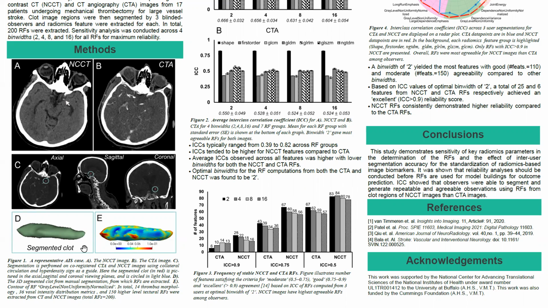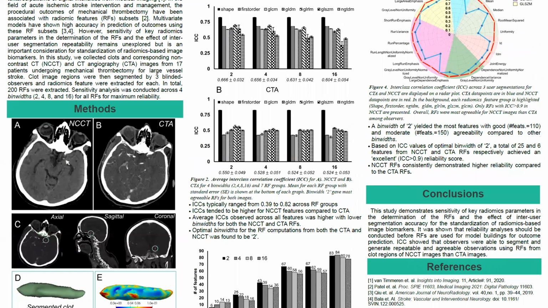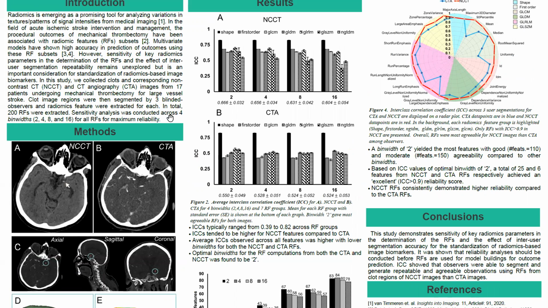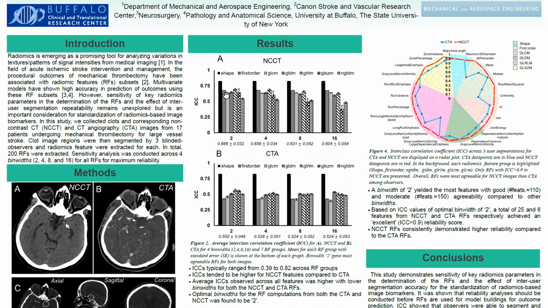And from these 3D clots, you have this open source tool called PyRadiomics that allows you to calculate, in our case, a total of 200 features from the non-contrast CT and the CTA imaging. These radiomic features are typically categorized into 3 major categories. First is 3D and 2D shapes.